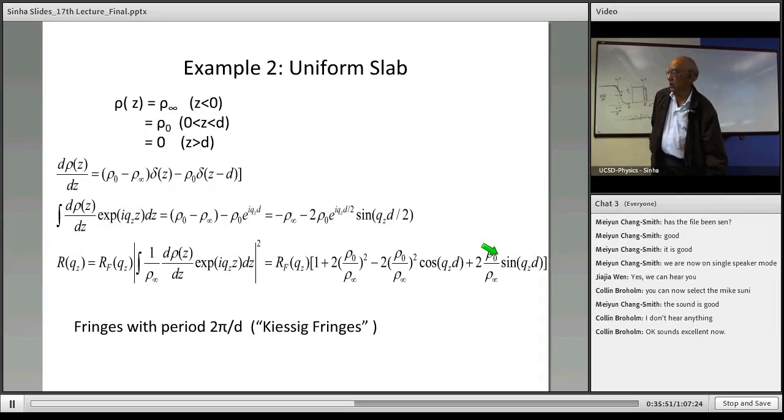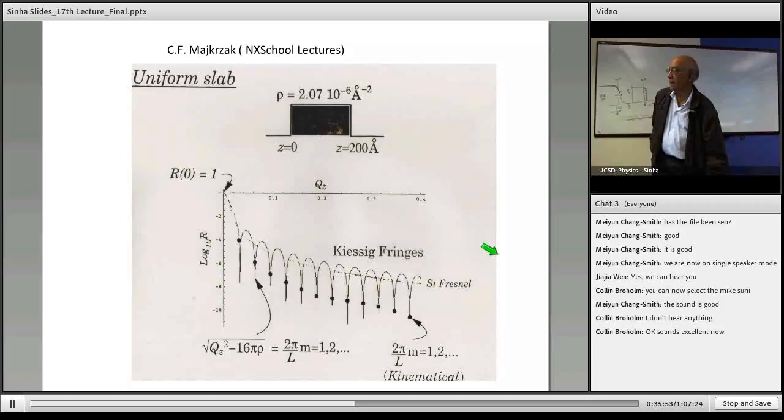Okay, so let's go on. Here's an example stolen from Professor Majkrzak's lectures to the Neutron and X-ray School in this country, where he's plotting the logarithm of the reflectivity for a uniform slab, and you can see that you have these very sharp fringes.